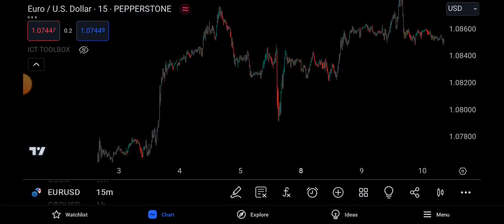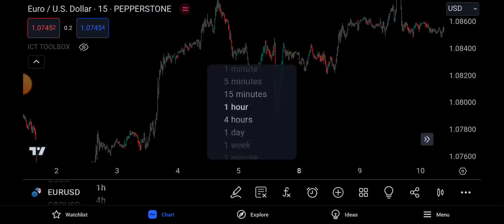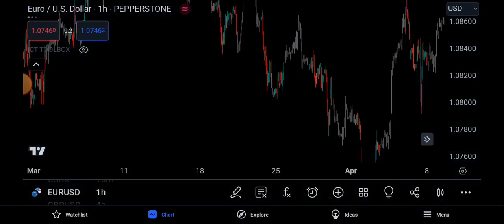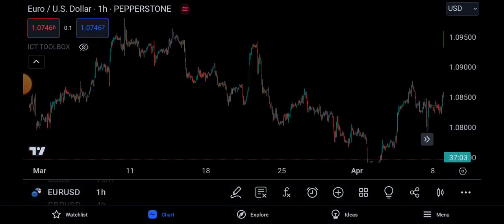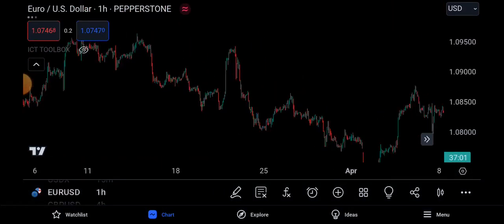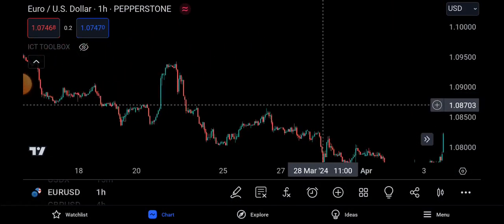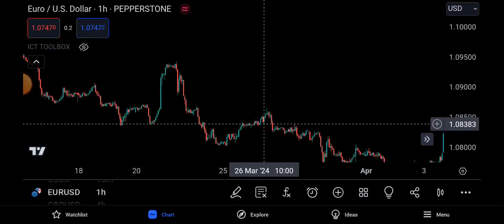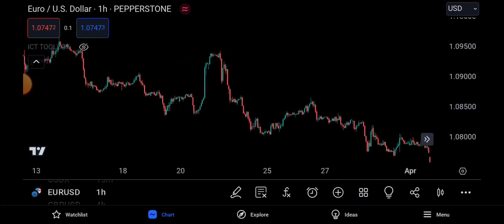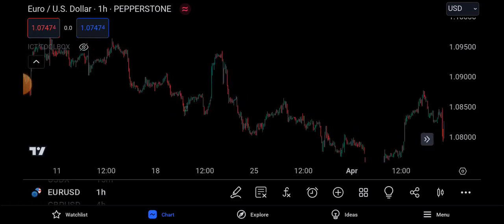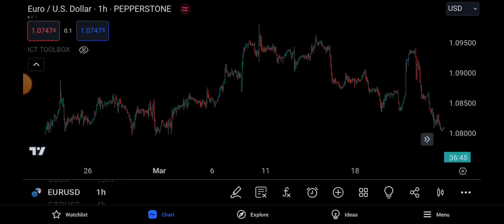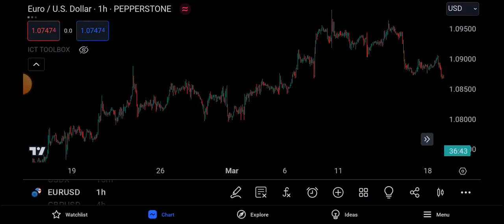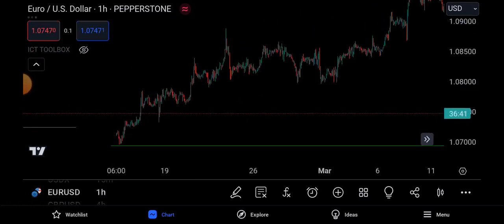Can I find a bullish one? Maybe on the higher time frames. Let's see if we can find one on the 1 hour. I just keep seeing bearish ones because I see another bearish one right here. See another bearish breaker block right there. Wow, we are filled with bearish breaker blocks. But it's the same concept. You would be looking for the same thing for a bullish breaker as well.